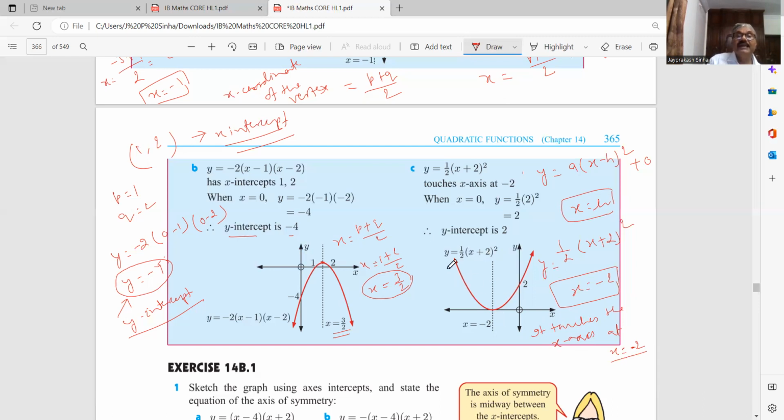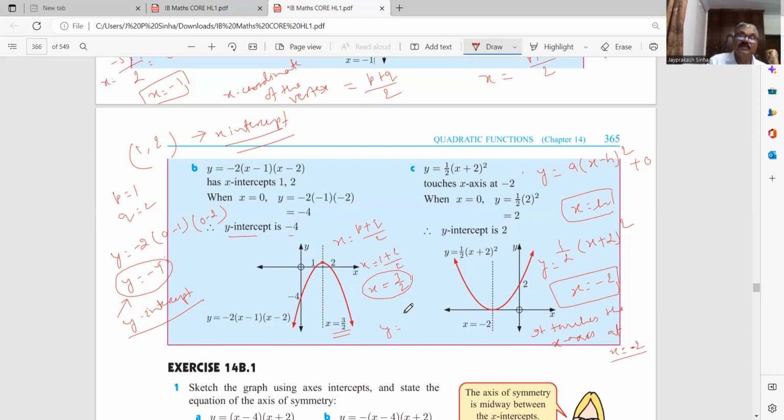Now you have to find what is its y coordinate. Not y coordinate, what is the y-intercept? So the y-intercept is the point on the y-axis where the graph crosses the y-axis. So put here x is equal to 0.